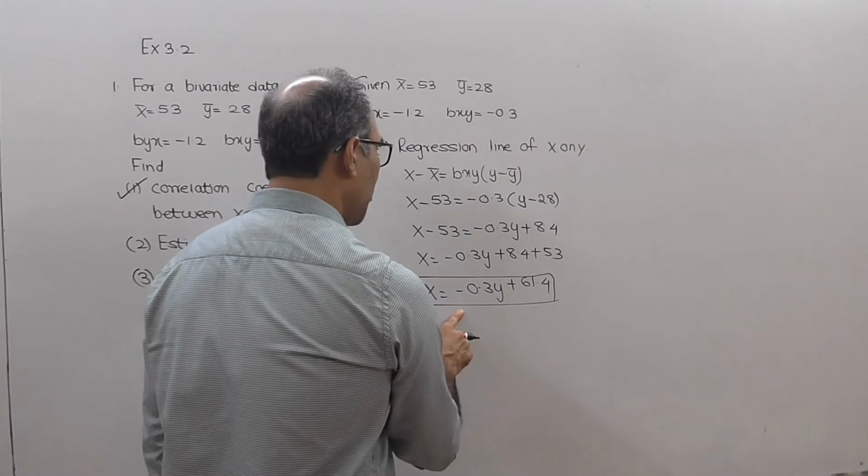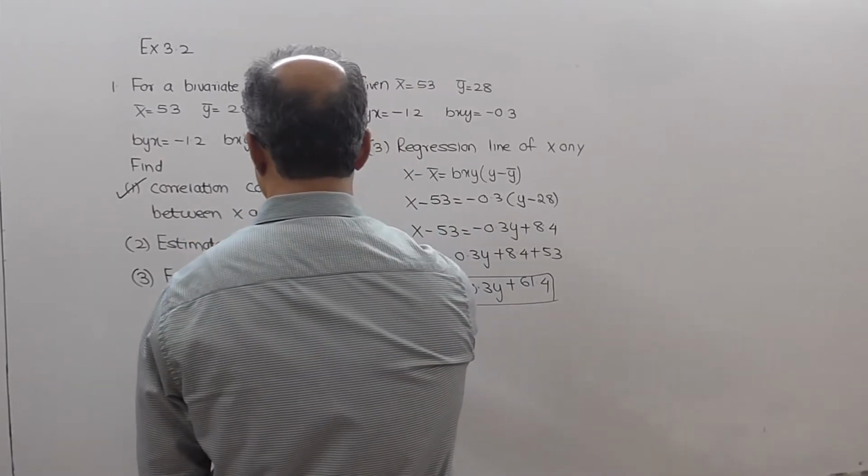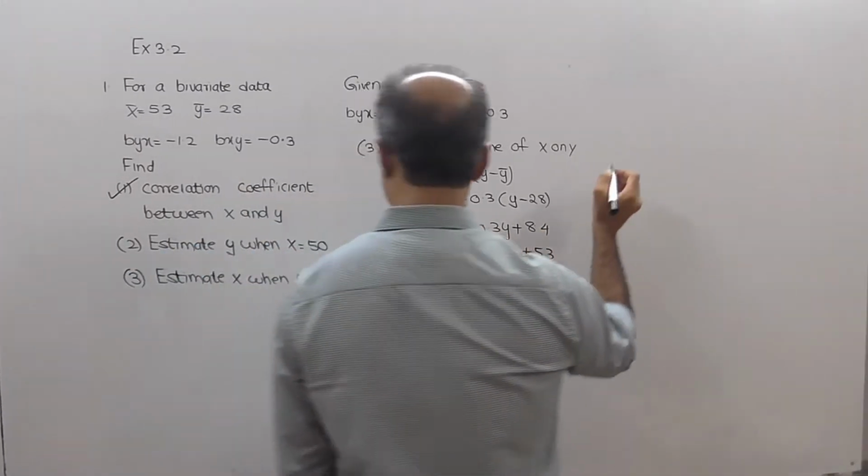We have found the regression line of x on y, but they are telling you to estimate the value of x when y equal to 25.